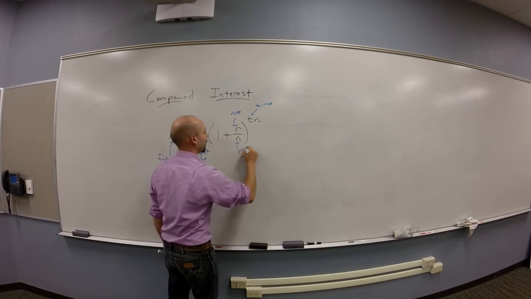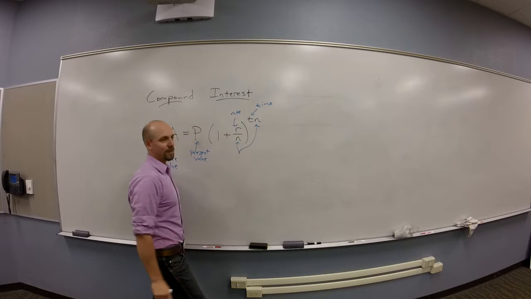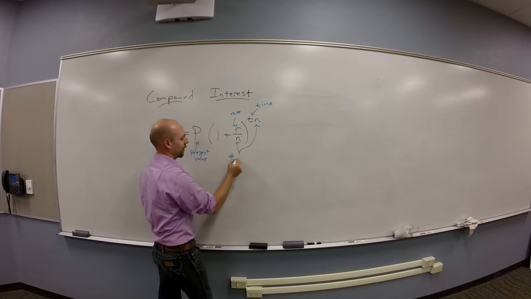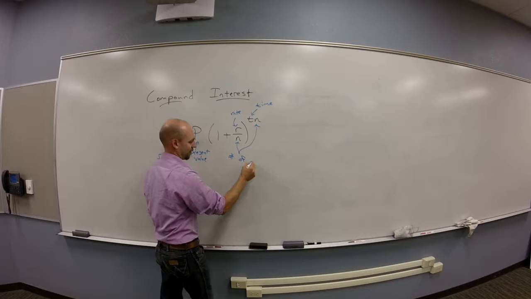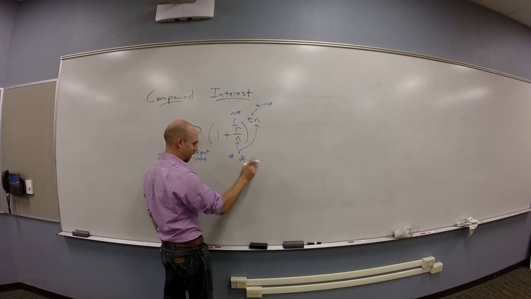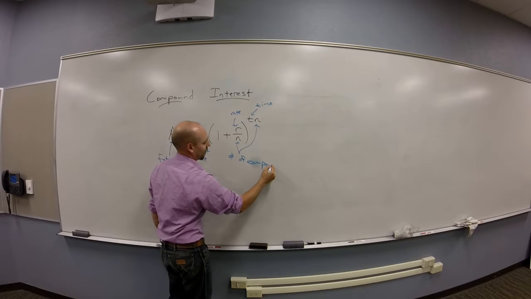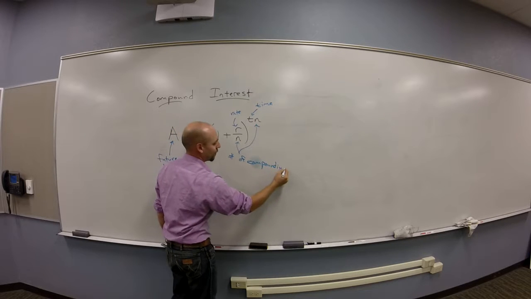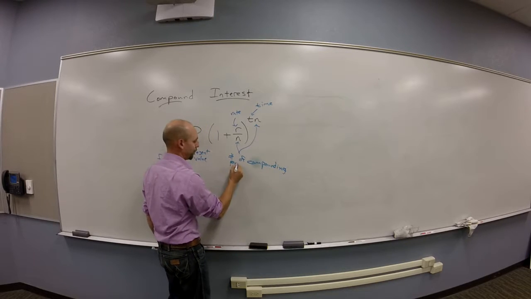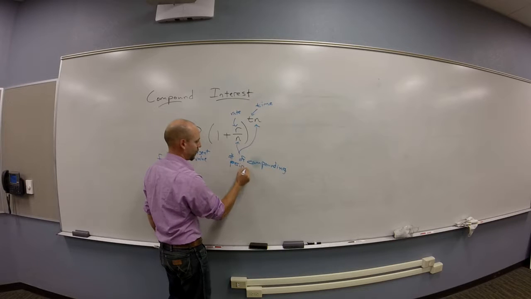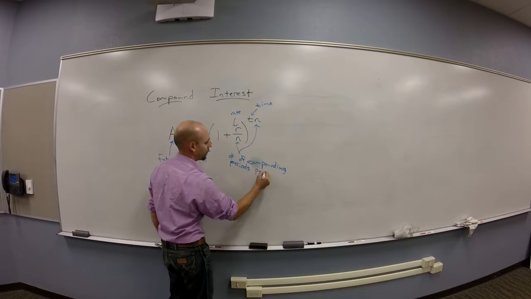And then these guys are the number of compounding periods. So n is the number of compounding periods per time unit.